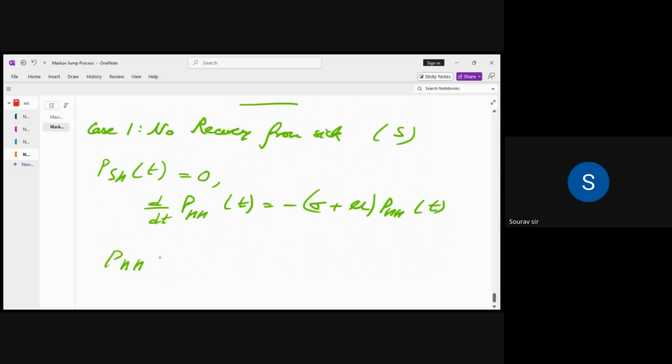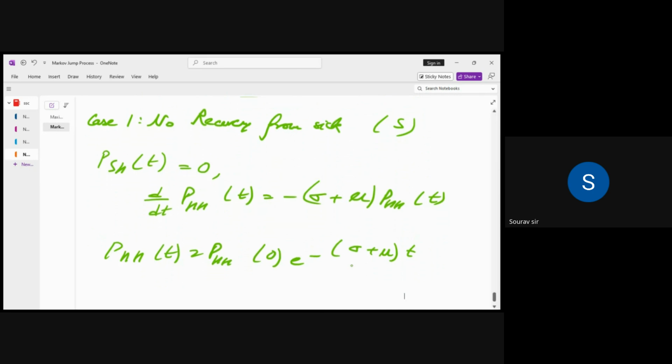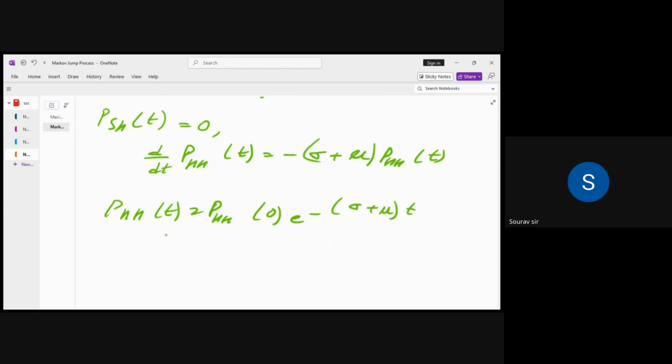So that is P_HH(t) is equal to P_HH(0) e to the power minus (lambda plus mu) t. Okay. So this means the probability of staying healthy decreases exponentially over time. This is one.